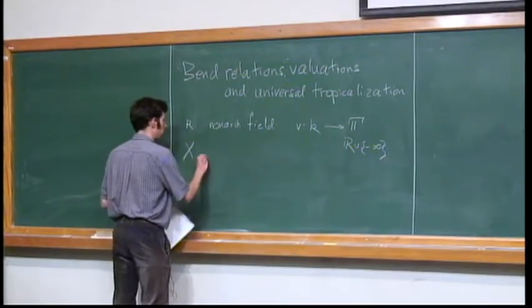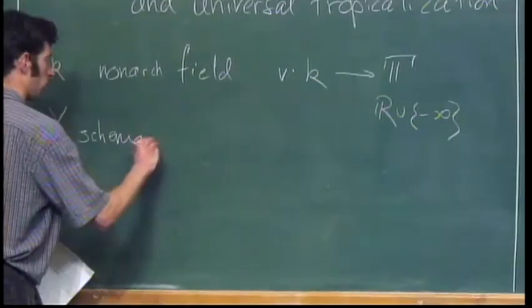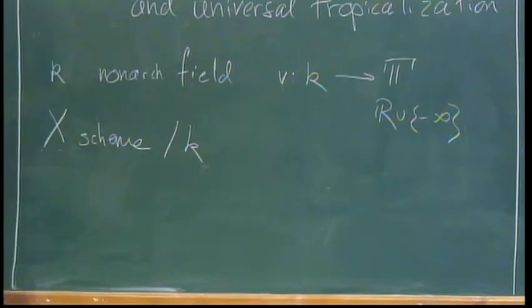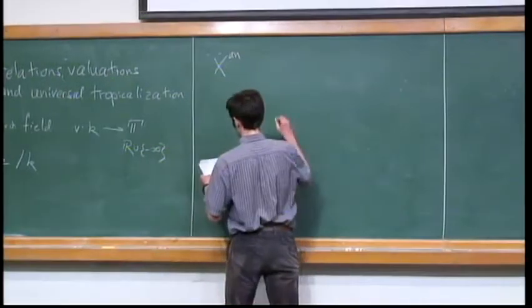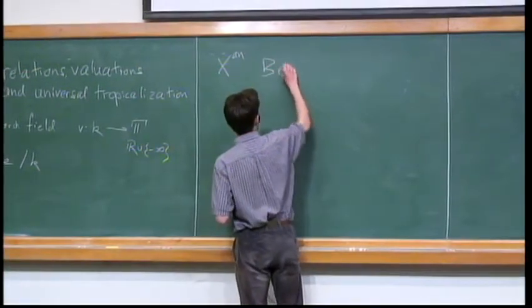Okay, so we have our field. We have a scheme X over K. And now associated to X, we have the analytification. And this is the Berkovich analytification.